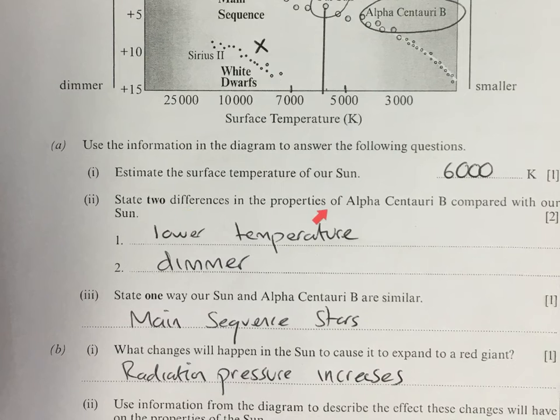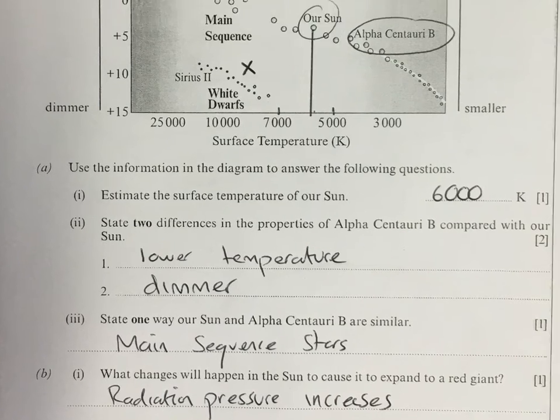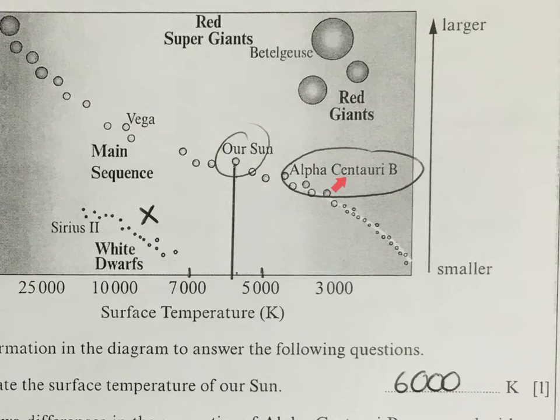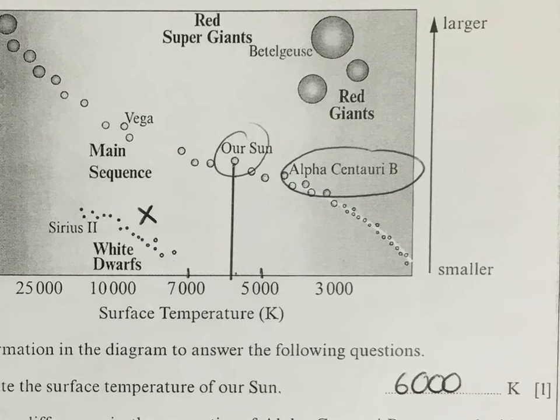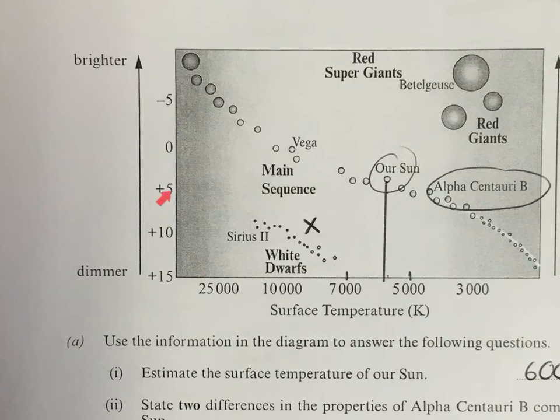State 2 differences between the properties of Alpha Centauri b compared with our Sun. Well, let's have a look where the Alpha Centauri b is. I've circled it there. Okay, so it's more right on the graph. Remember now the temperature is getting smaller. So it's going to be cooler, it's going to be lower temperature, and it's down on the y-axis, so it's going to be less bright, so it's going to be dimmer.